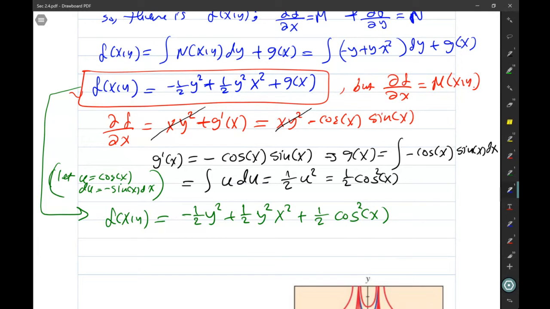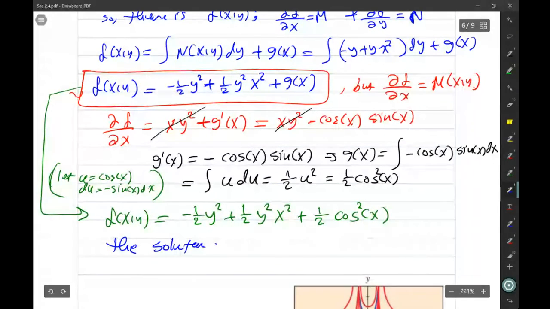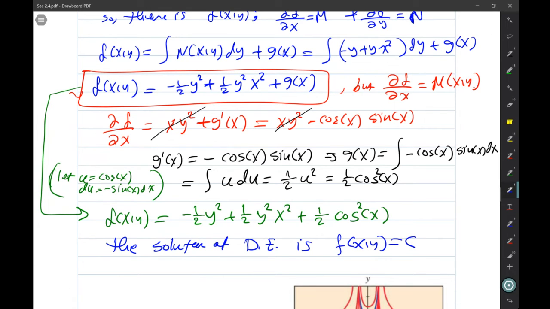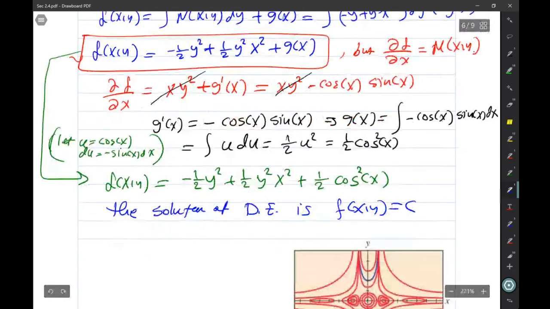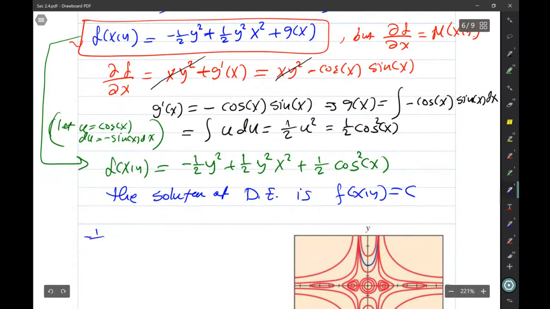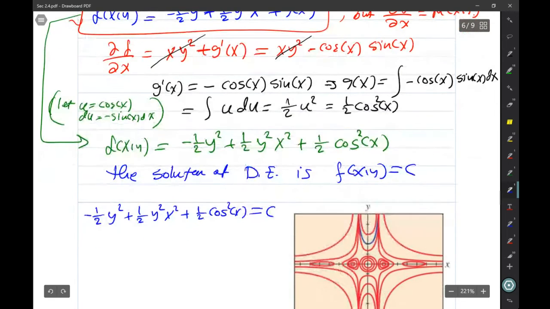Then I can say that the solution of the differential equation is f of xy equal to c. That implies half y square plus half y square x square plus half cosine square is equal to c. You can take the y square.